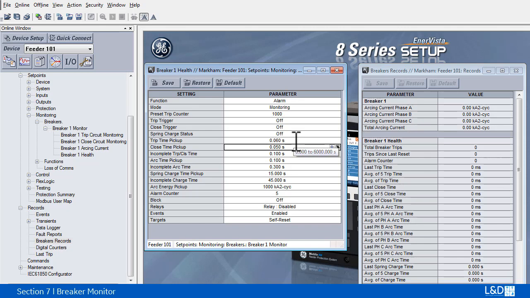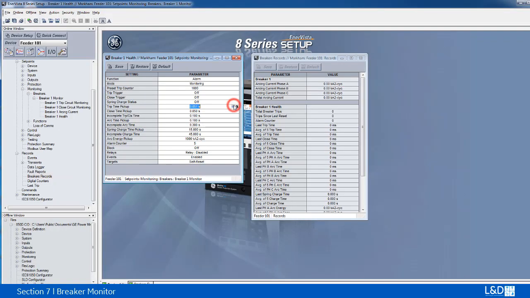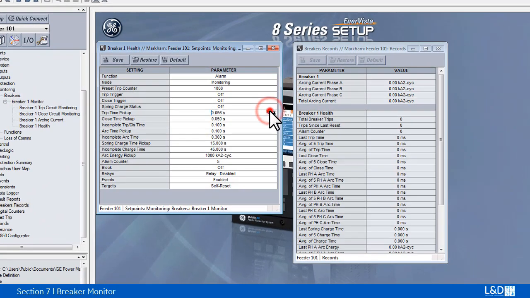The longer tripping time and closing time can provide an approximate estimate of the trip and close coil and mechanical wear. The longer arcing time may suggest the loss of dielectric stress in the arcing chamber.